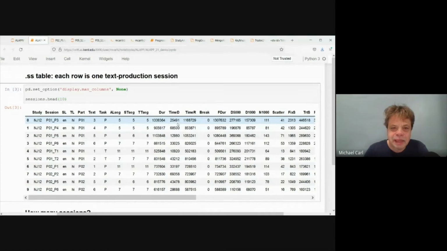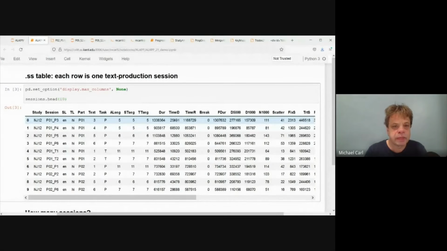Then, as I showed in one of the earlier slides, we can distinguish a drafting phase and a revision phase. This column here says after 24 seconds, the person starts drafting.